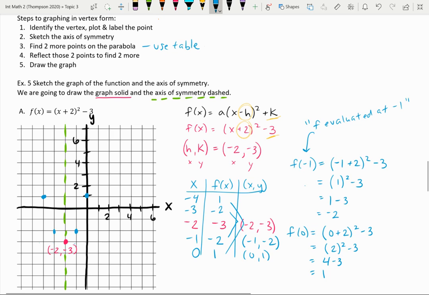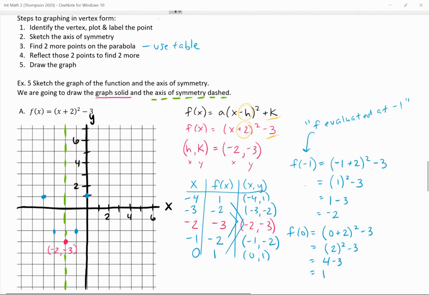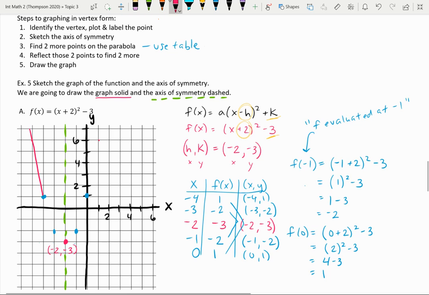So I am good with that. I'm just going to use that to my advantage. Then I draw the graph. There we go. There's our first parabola.